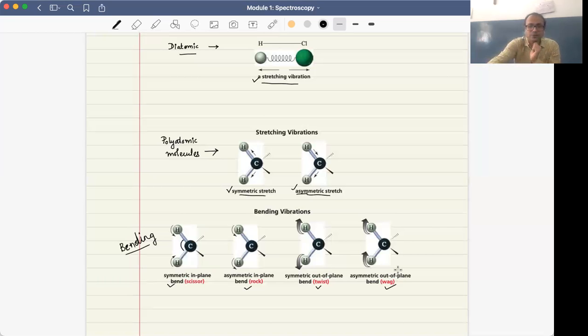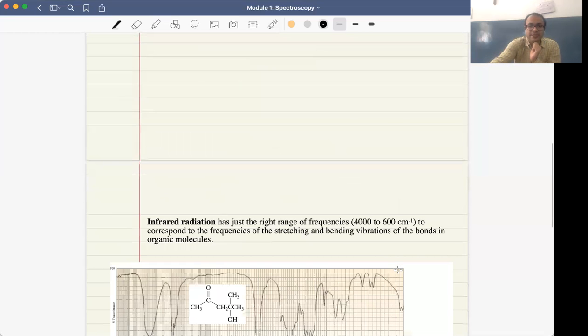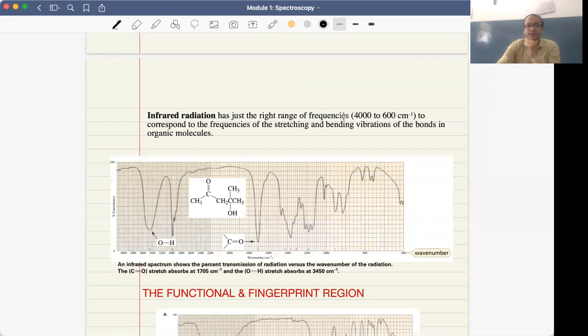So to look further into the details, the infrared region in the electromagnetic spectrum belongs in the wave number range of 4,000 to 600 centimeter inverse.